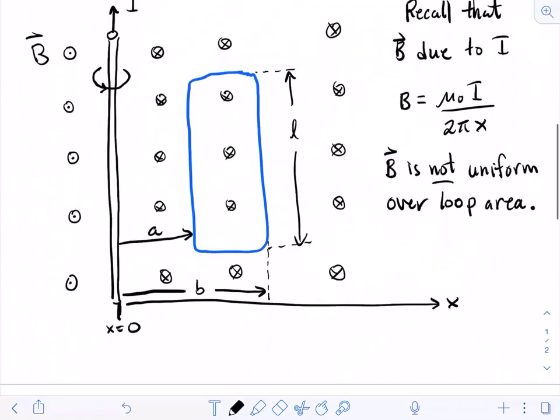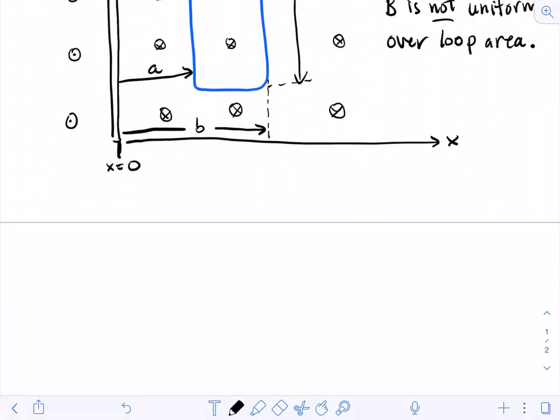Okay, so if we're calculating magnetic flux, the general expression is the integral over the area of our loop of B dot dA.